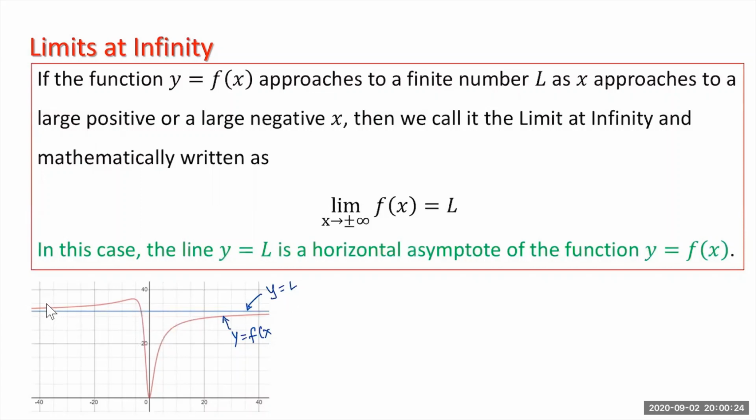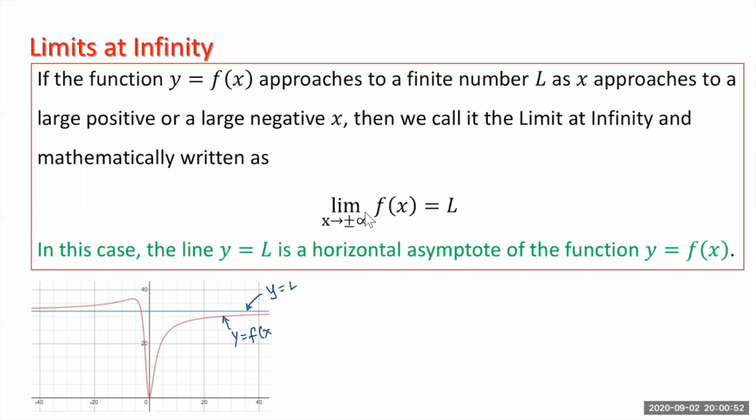That means on the left, the limit as x approaches negative infinity is L. And on the right, the limit as x approaches positive infinity is also L. So when you are looking at the extreme limit as x approaches negative infinity or positive infinity, we call that limit at infinity.